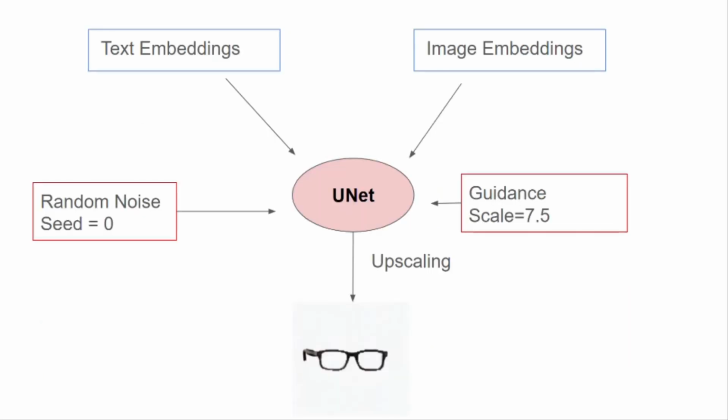And then they go to the UNet model, which also takes random noise and guidance scale. So what the UNet model does is, with the help of the text embeddings, image embeddings, and the guidance scale, it takes the random noise as input and removes the extra noise from the image, and it does this repeatedly, and after upscaling we get the resultant image as shown here.